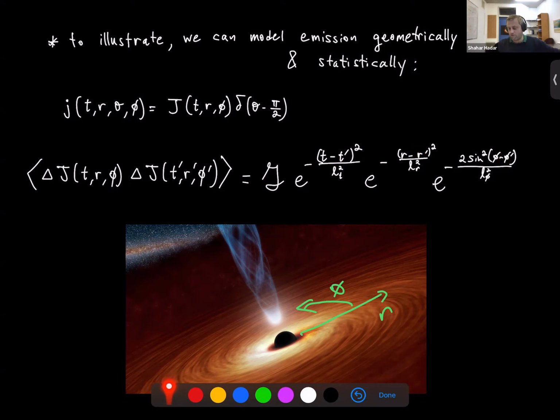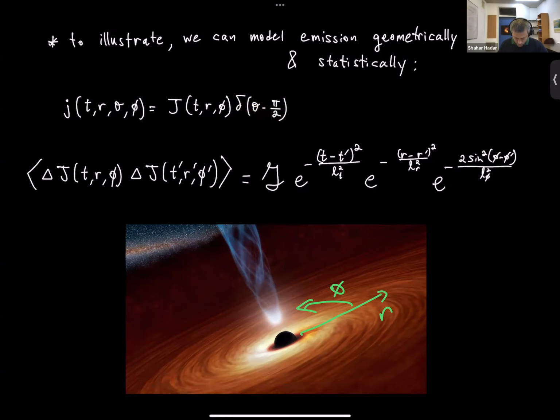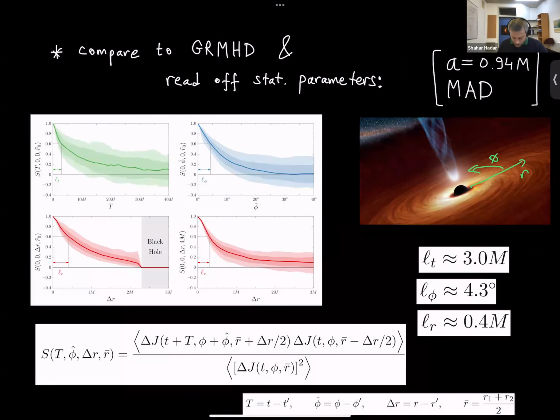Here we chose a Gaussian profile, but it doesn't really matter. And we chose the source to be equatorial. We also checked in a GRMHD simulation that we get reasonable values for this, but I don't have too much time to discuss this. But we verified that our source is not crazy for a realistic simulation.